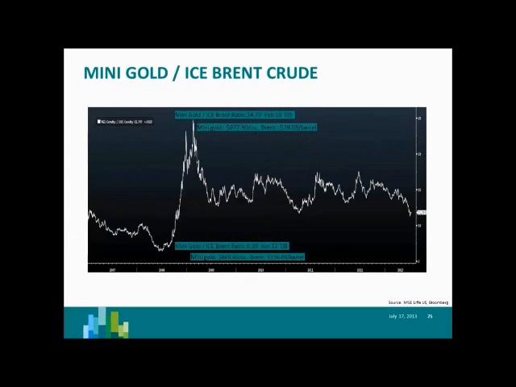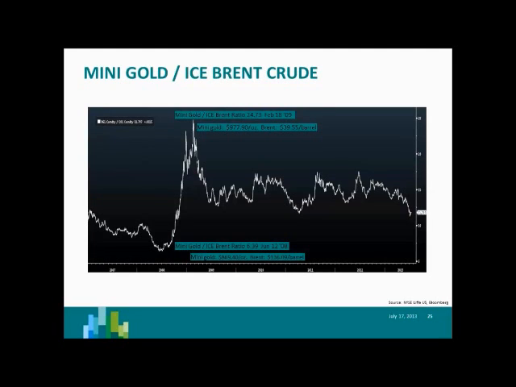This is the ratio of mini gold divided by ICE Brent crude. So what you're seeing here is how many barrels of oil can you buy with 1 ounce of gold?